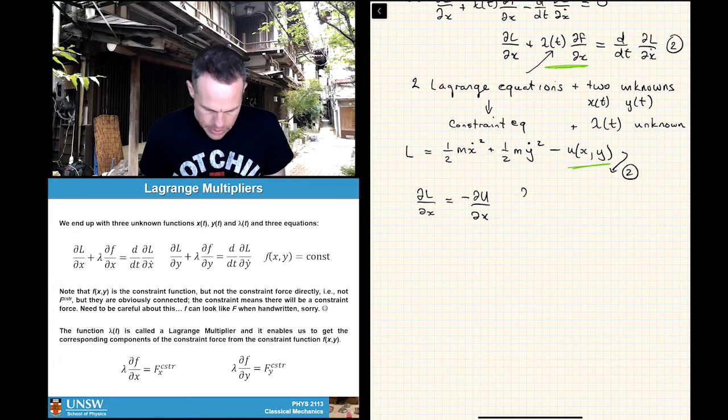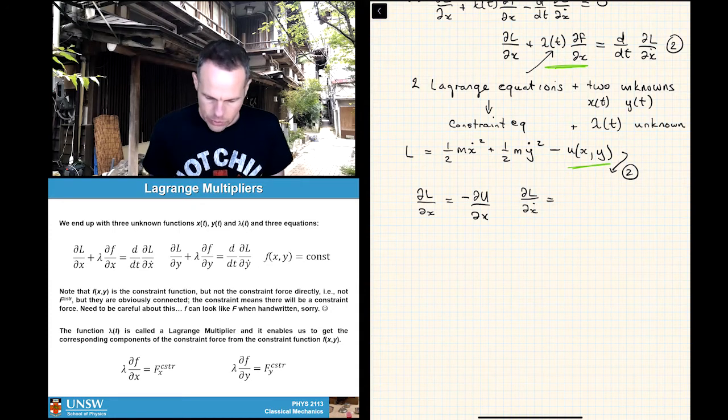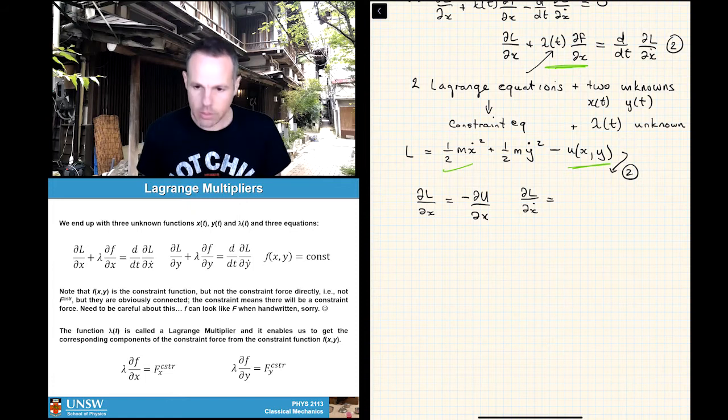We also need dL on dx dot, and we know that that comes from our kinetic energy term just in here. There's no terms like that in the potential because we're dealing with a conservative system. And so that's going to give us m x dot.